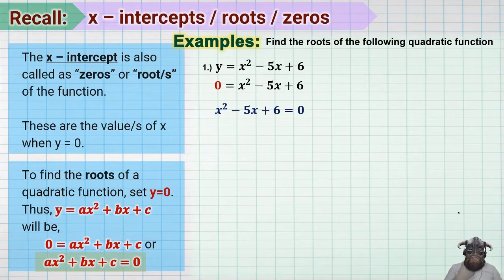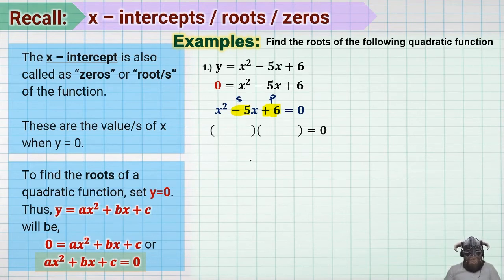From this, gagamit tayo ng factoring para malaman yung factors nitong quadratic equation na to. Ano ngayon yung dalawang numbers that if we multiply, we'll be having a product of positive 6 and a sum of negative 5. The clue here is that 6 is positive and the sum is negative.